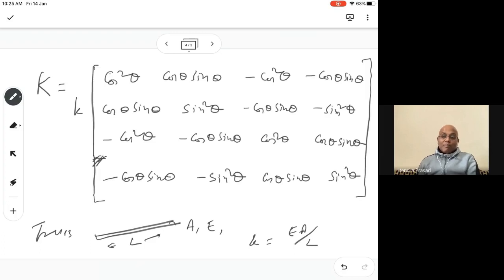And you have many trusses. Depending on how the orientation is, you can assemble now, right? Any question?